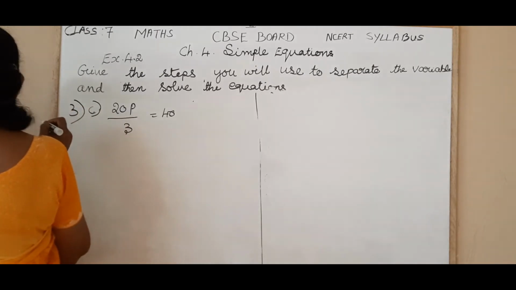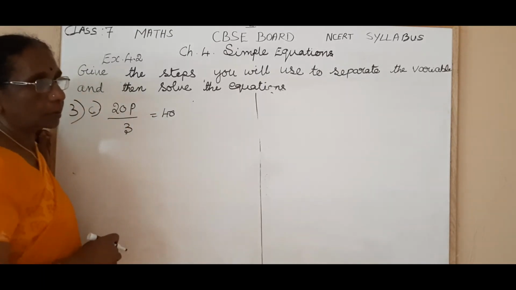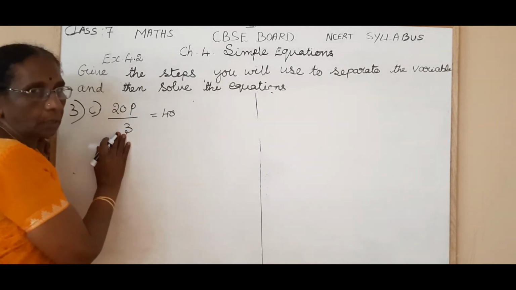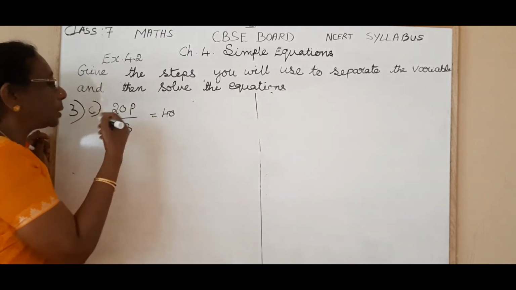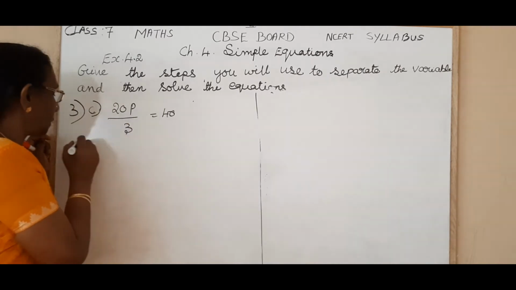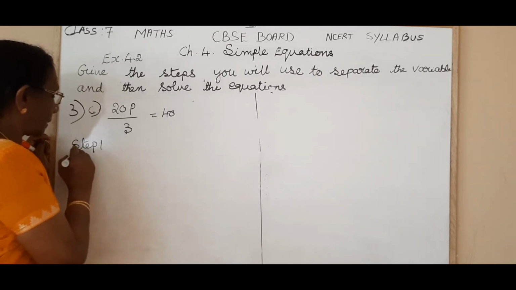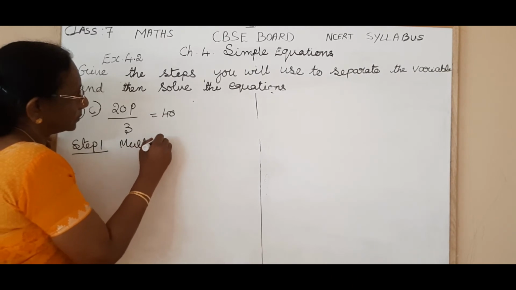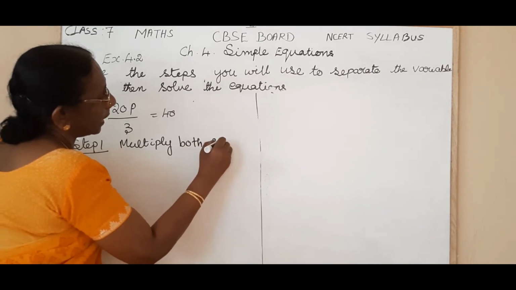So here we have multiplication and division. So what should you do first? First you eliminate the denominator. Then we will eliminate this 20. So it will be easy to do that. Division first, then multiplication. So for this, to eliminate 3, what should you do? You have to multiply both sides by 3.